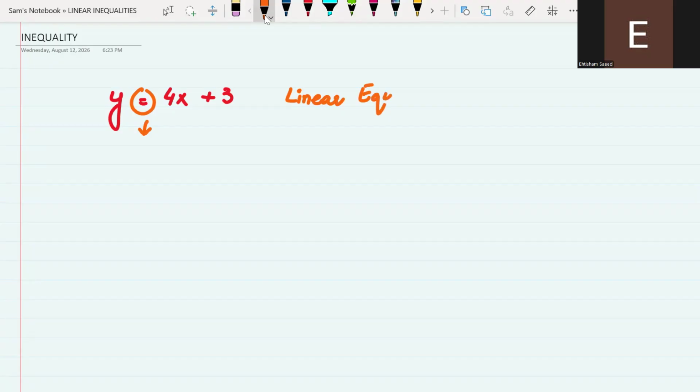Because it has y and x in it. Okay. The very first thing is, for a linear equation, the highest power of x is 1. Highest power of x is equal to 1.